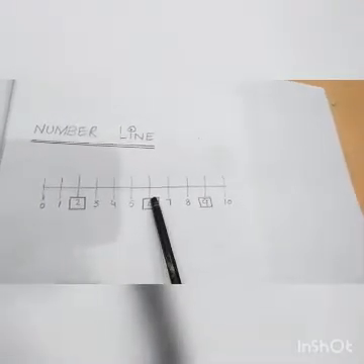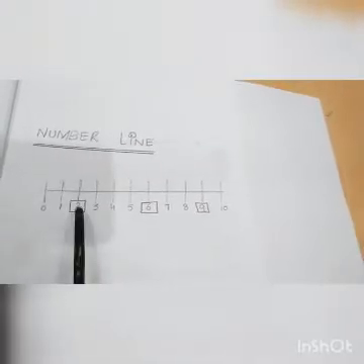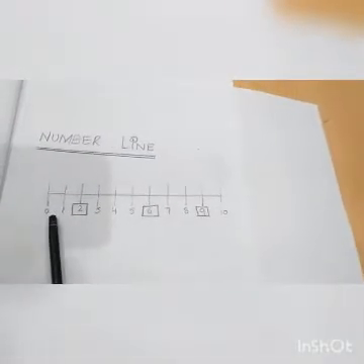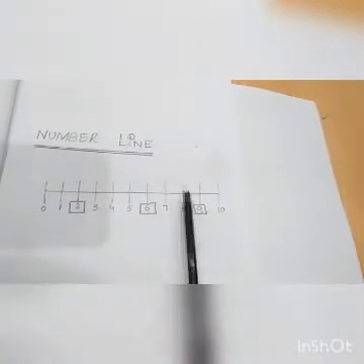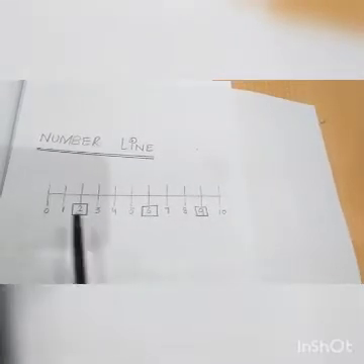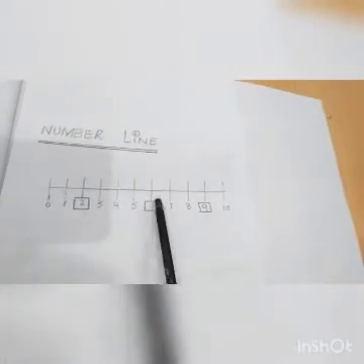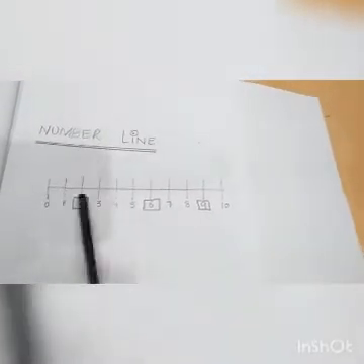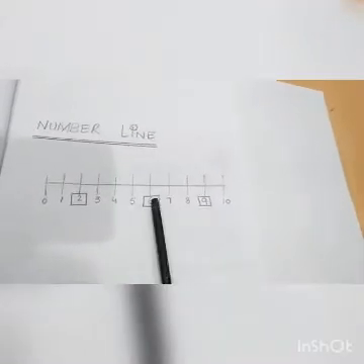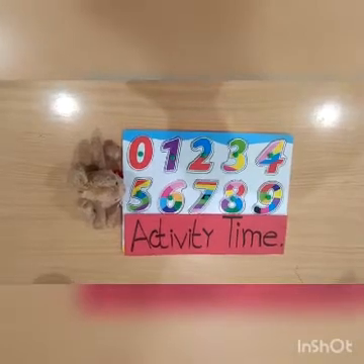As 2 is on the left side of 6 and 9, it means 2 is the smallest. Since 6 is on the left side of 9, it means 6 is smaller.